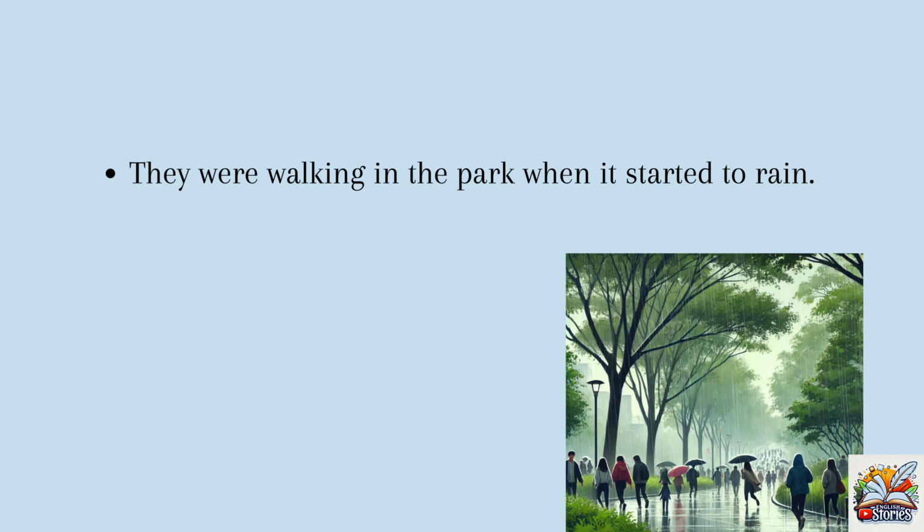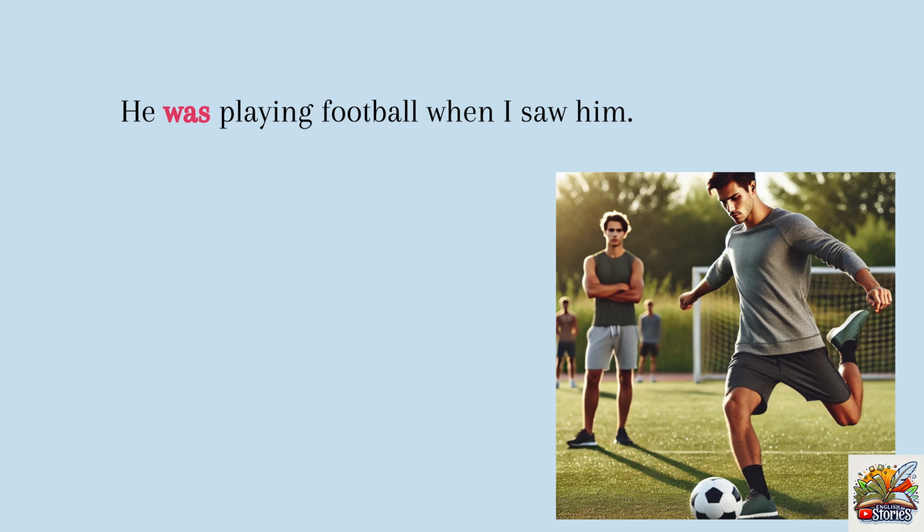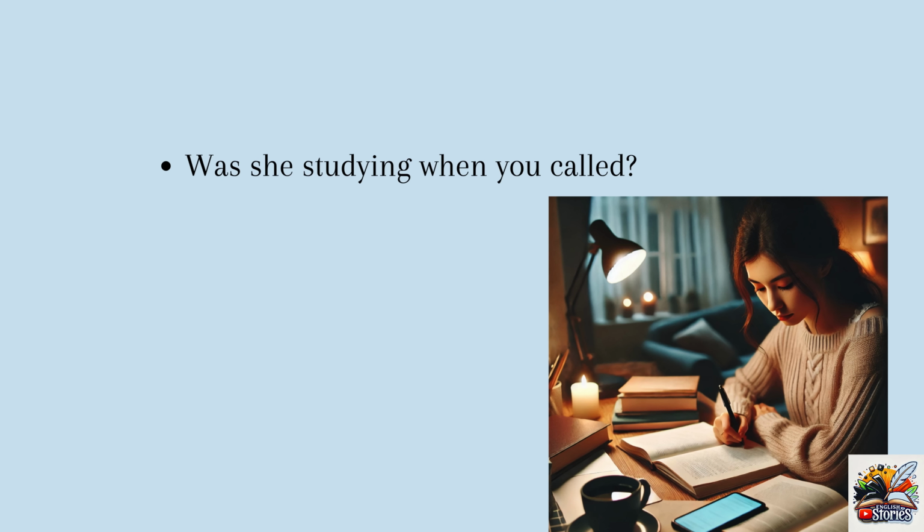2. Correct the mistakes in these sentences. He were playing football when I saw him. He was playing football when I saw him, because he is singular, so we use was instead of were. Was she studying when you called?